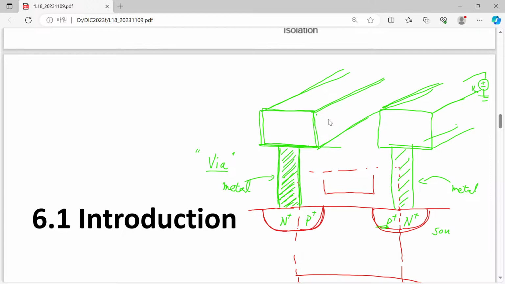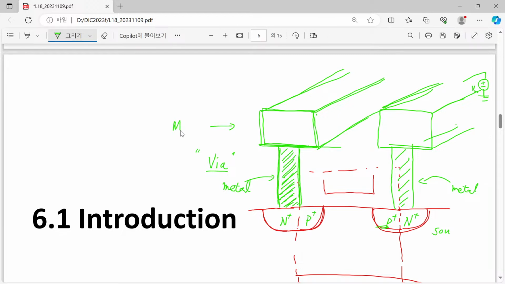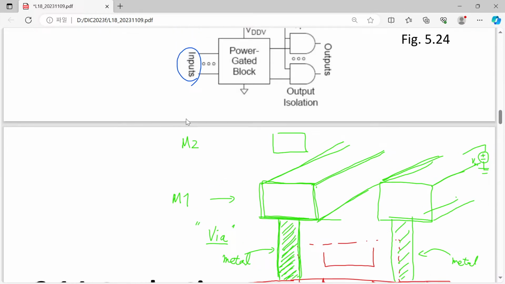Then you must introduce another level. Let's say that this is M1. Then you have another level of signal, M2, and also you can introduce even higher levels, M3, like that. So you can introduce multiple levels of metal line.